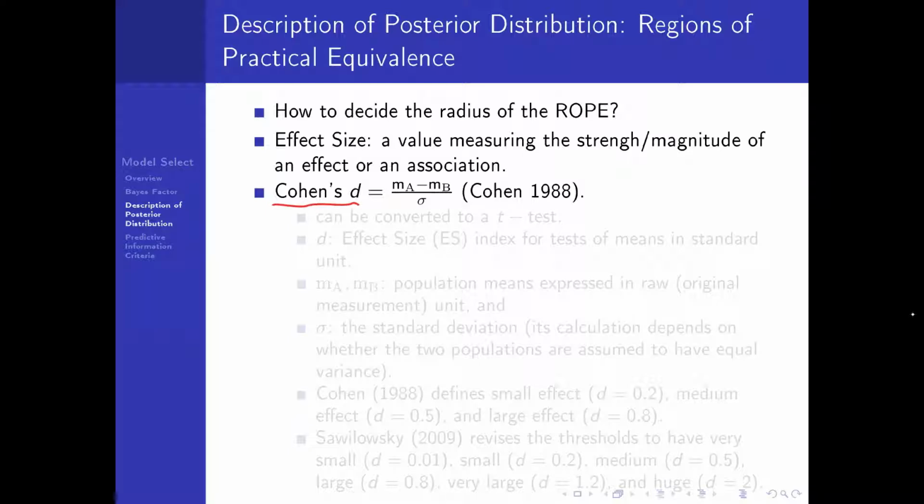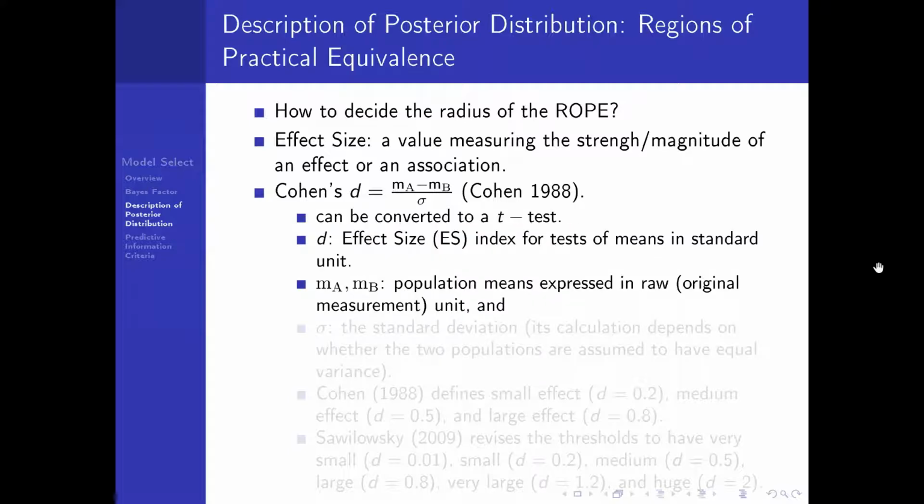Cohen's d is defined as a ratio of MA, that is the mean in group A, minus the mean in group B, divided by the standard deviation, based on the book by Cohen, published in 1988. And Cohen's d can be converted comfortably to a t-test.